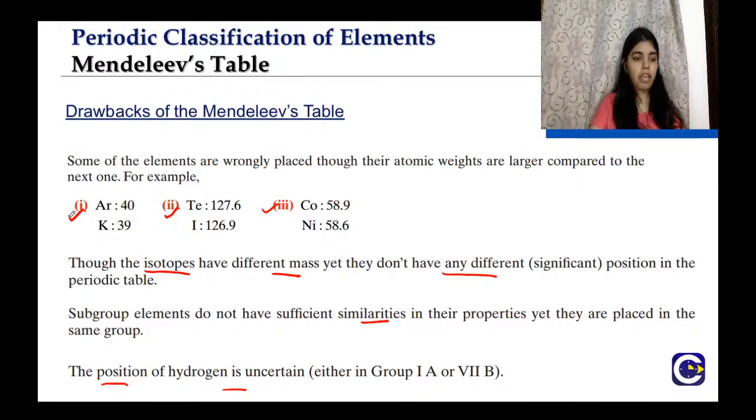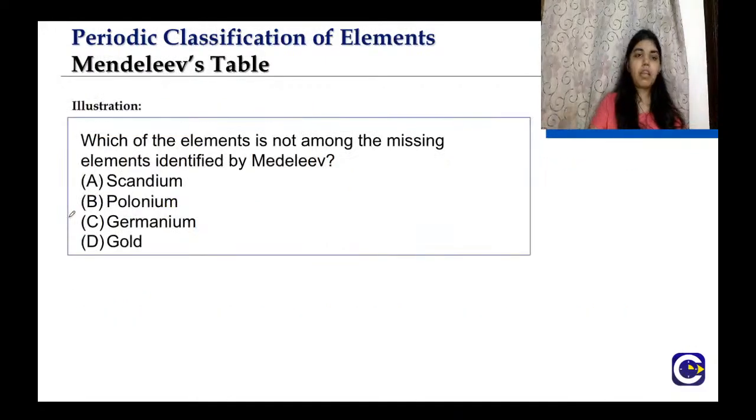Okay, we'll move to the next. Which of the elements is not among the missing elements identified by Mendeleev? What should be the answer for this particular question? Scandium, polonium, germanium or gold?